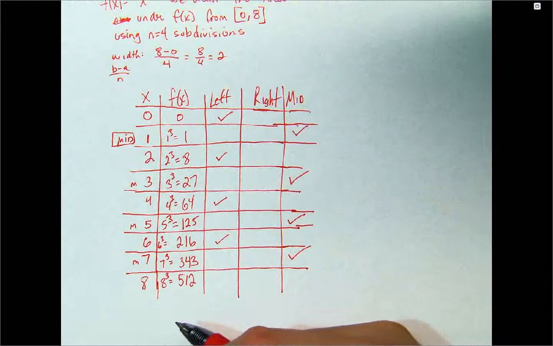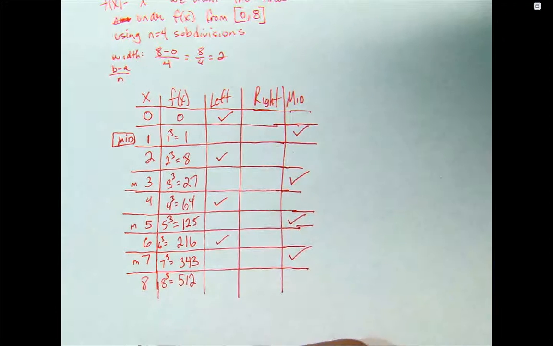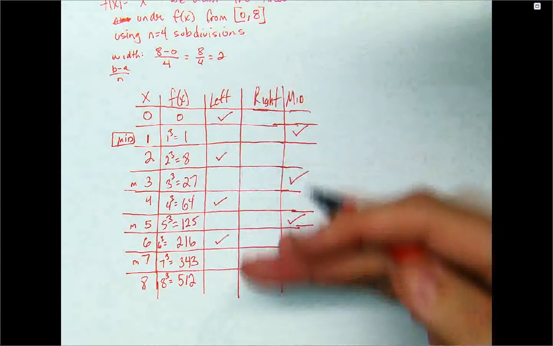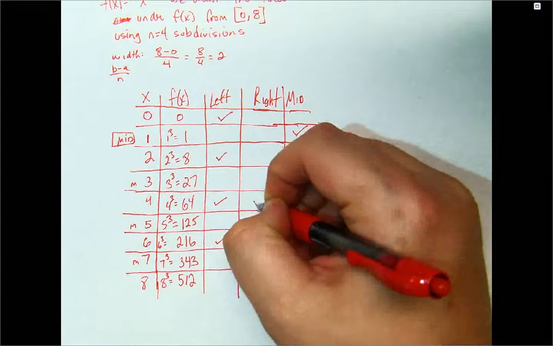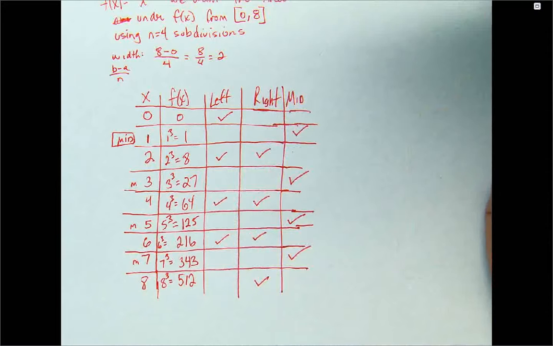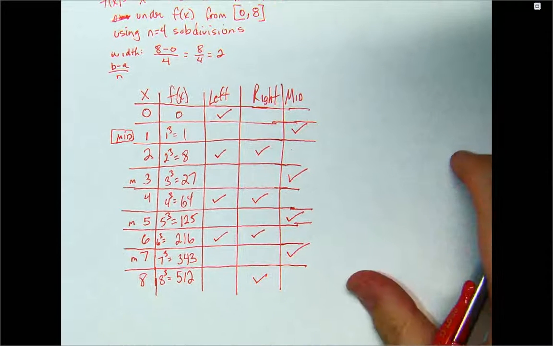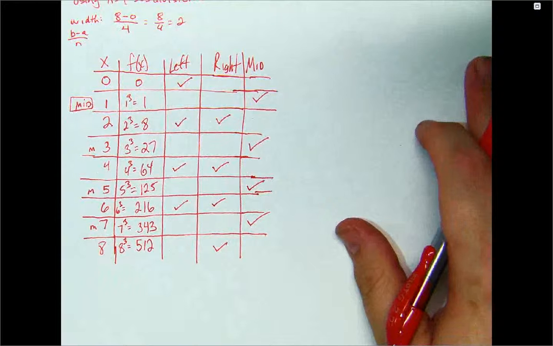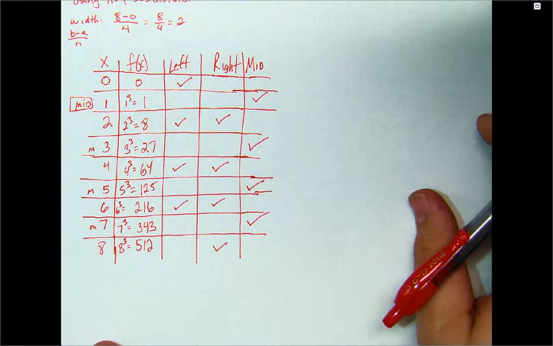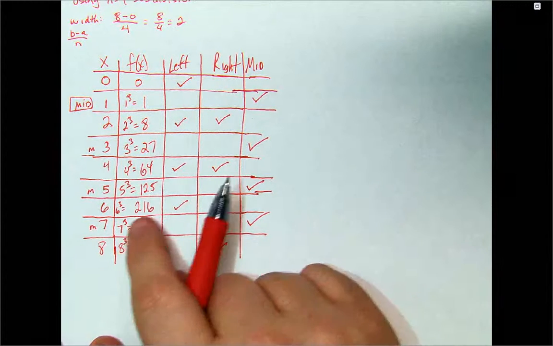Not with the left endpoint. So we're going to use all but the last one. If we go with the right, we're going to start at the last one, and we're going to use all but the first one. And then the midpoints, we check them off in the middle there.